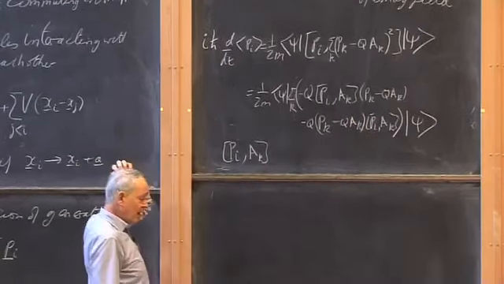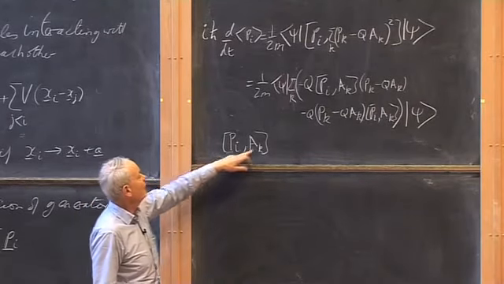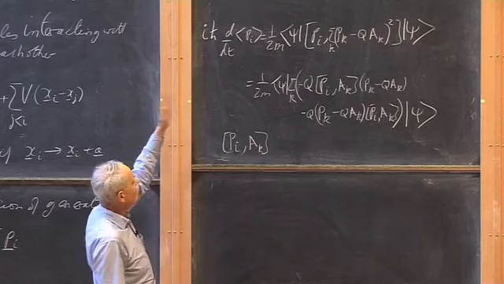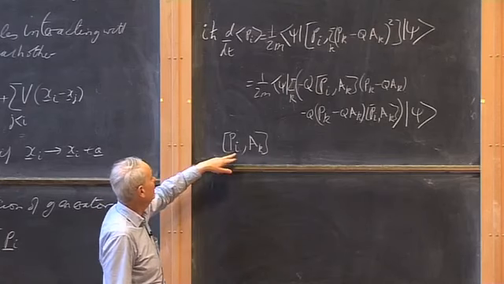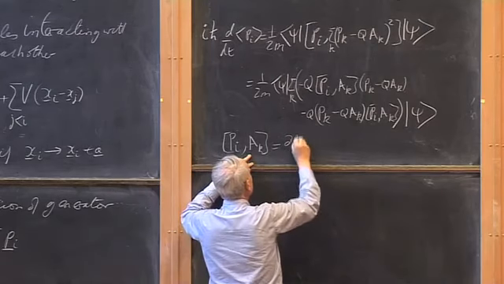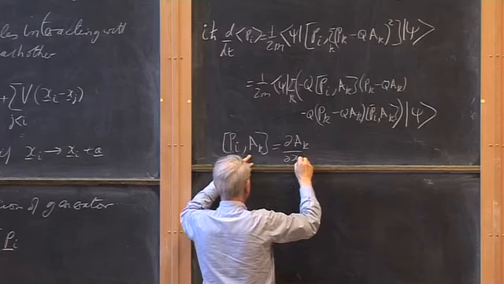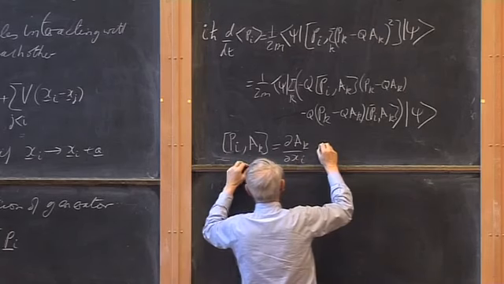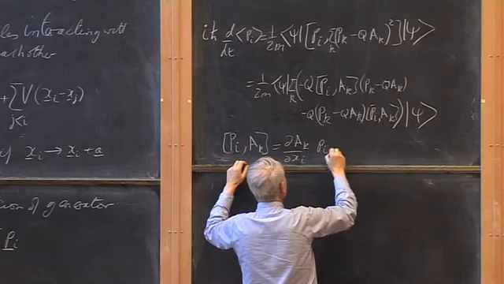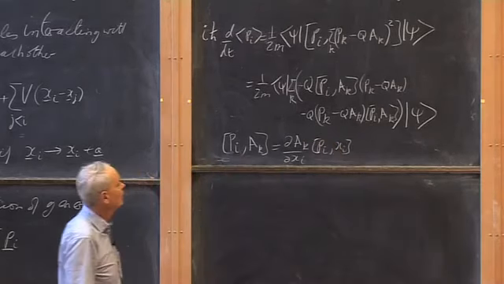Well, we now use our rule for doing the commutator of a function of x. We used previously almost the rule for a function of p. The rule was that this is equal to dak by dxi times the commutator of pi with xi.